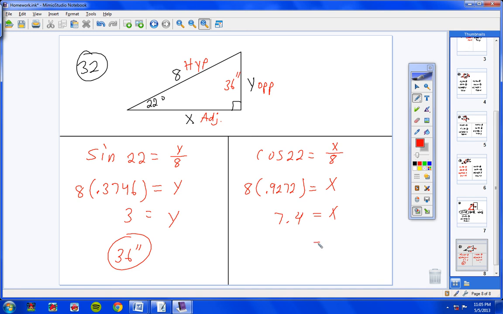Now that's feet. They want inches, so you're looking at around 89 to 90 inches. So how'd I get that? Well, there's 12 inches in a foot, so 7.4 times 12, you're going to get right at 89 to 90 inches. So x right here is 89 inches.